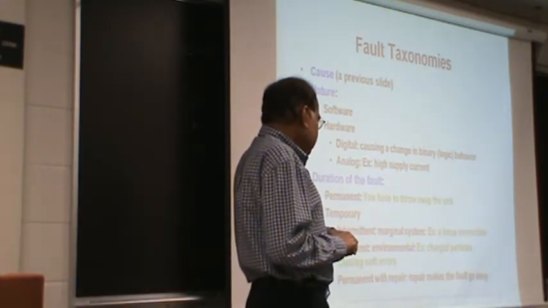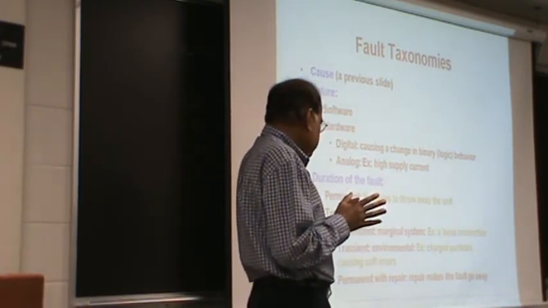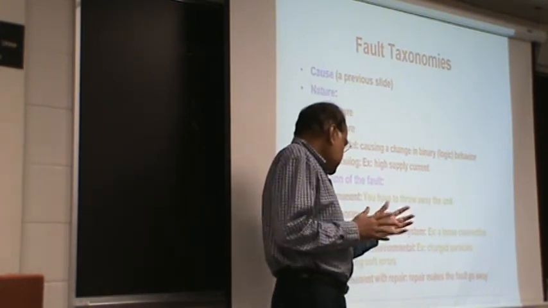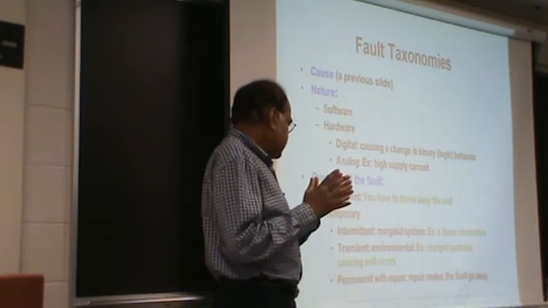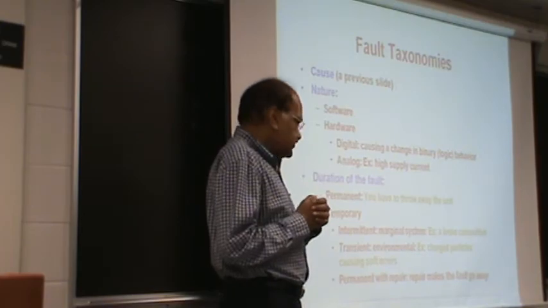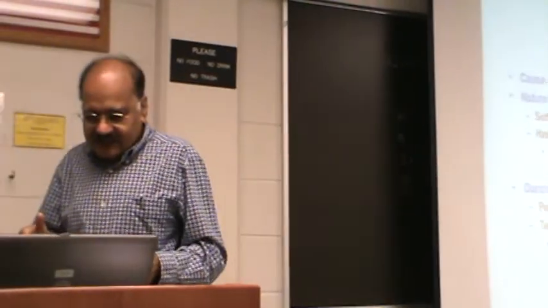So occasionally when there's some vibrations, there would be some bad operation. Transient: your system is good, but there are some environmental phenomena, so maybe some charged particles that cause soft errors. Now these charged particles that cause soft errors, they're happening all the time. I have this PC here, and it happens all the time.